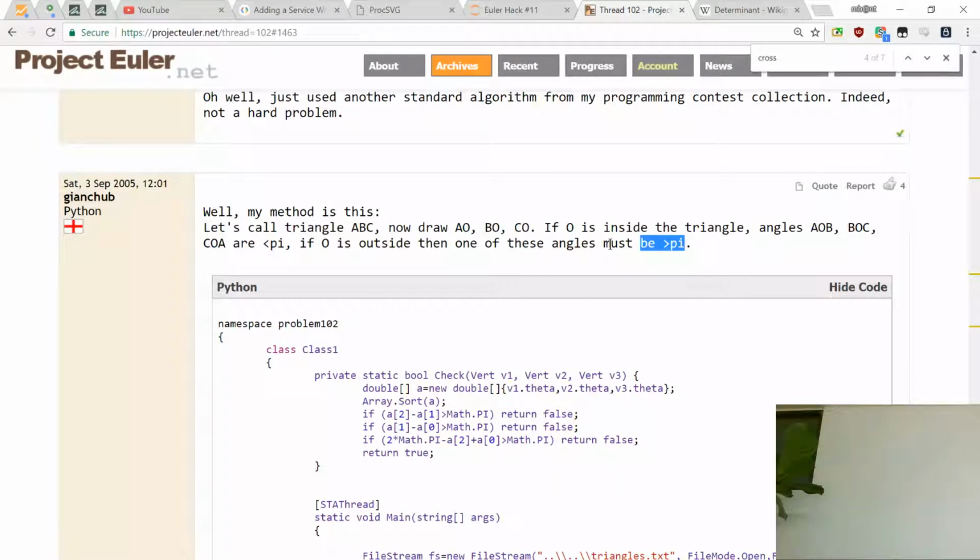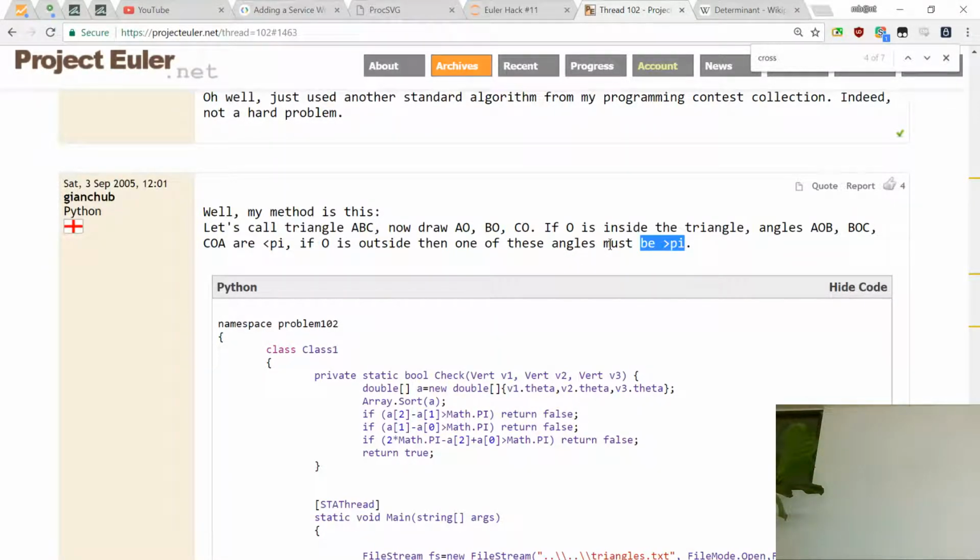You construct this triangle and this triangle and this triangle. I guess this one is pretty thin. There's another one here. And then you look at the angles here, so this angle and this angle. If it's outside, then the angle will be greater than pi.